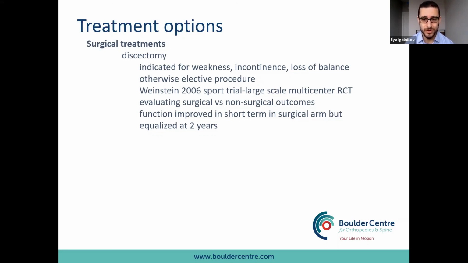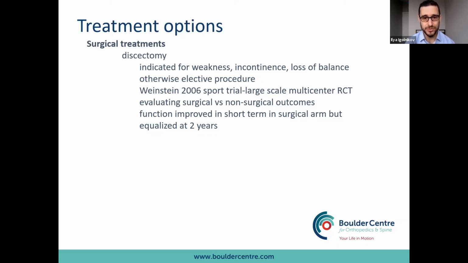And so the article that is referenced very often is the SPORT trial. It's written by Weinstein, and it was done in 2006. It's a large-scale, multi-center, randomized control trial evaluating surgical versus non-surgical outcomes. And they showed improved function and pain in the short term in the surgical arm. But as I've mentioned a couple times, at 2 years, these outcomes kind of equalize.